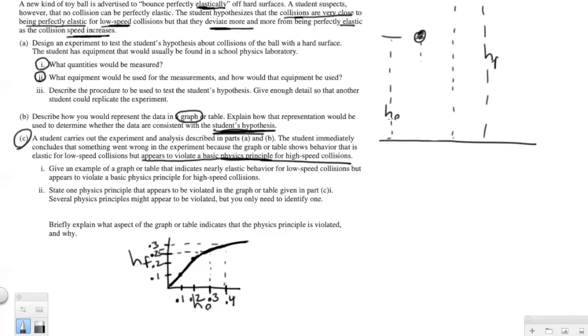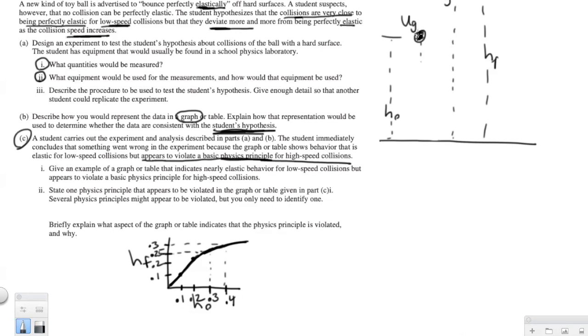And the reason that violates a law of physics is because we are ending with more mechanical energy than we started with, right? So the ball starts with gravitational potential energy and ends with gravitational potential energy. This final gravitational potential energy is bigger than the initial, and there's no explanation for that that I've read. Now, what could make that possible?